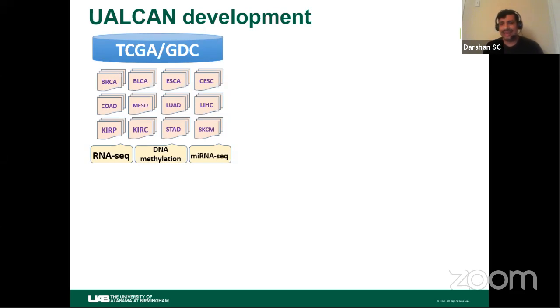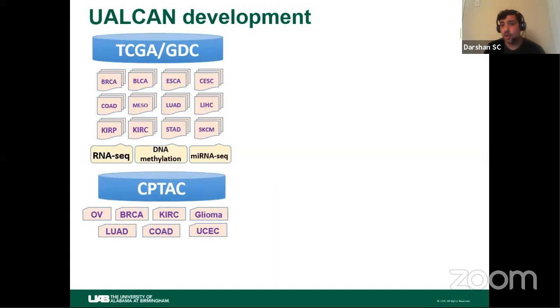And in the last year, we have done the same thing for proteomic data. This was collected from another consortium called CPTAC, the Clinical Proteomic Tumor Analysis Consortium. They provide information for 7 different cancer types.